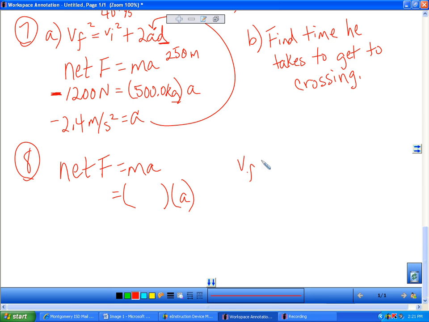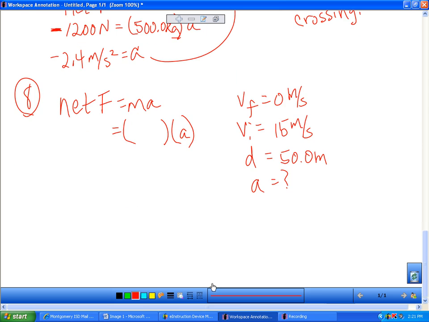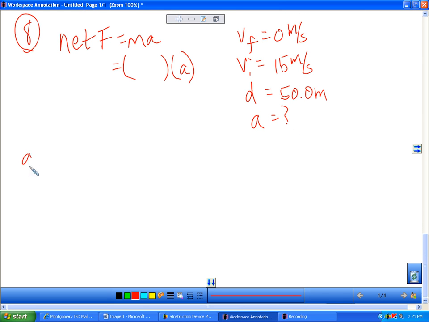Well, VF is going to go to 0, VI is going to be 15 meters per second, and D is going to be 50 meters. So you have enough information to find your acceleration, and then once you know that, you can go back and get your net force. More of the same.